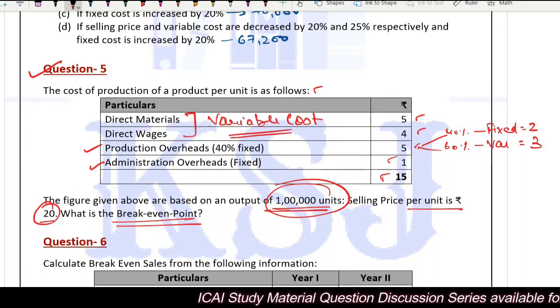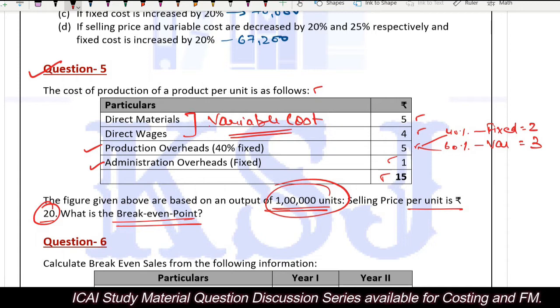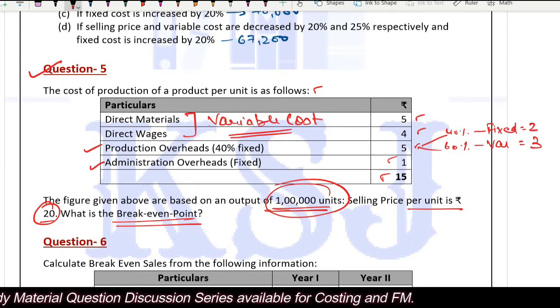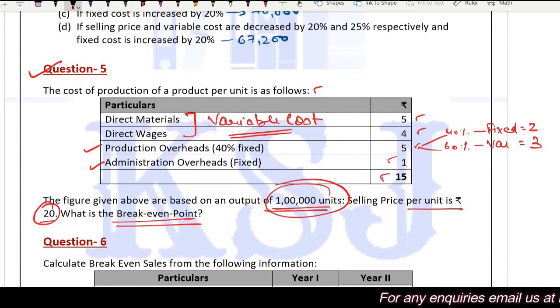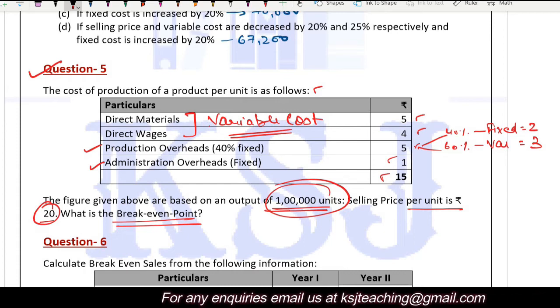Remember, I told you in the very first lecture of marginal costing that when we talk about direct cost, because it is identifiable in 1 unit, it varies with 1 unit. So it is a variable cost, right? So using this variable cost and selling price, we will be able to calculate contribution.